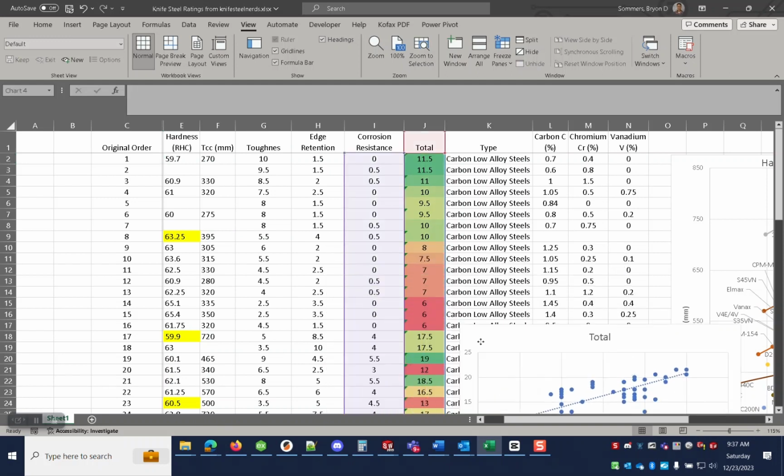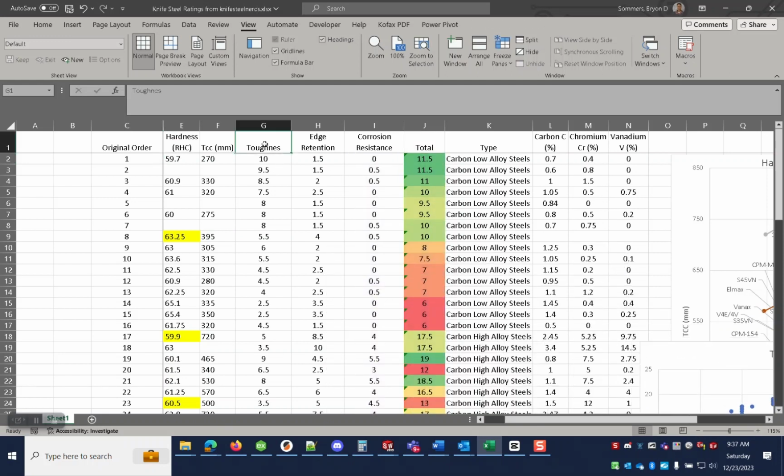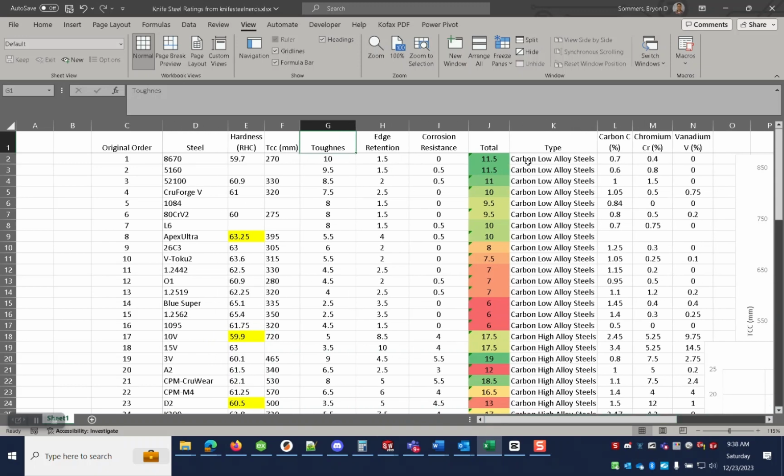So first off, I grouped all of the steels into three categories: low alloy, high alloy, and stainless, directly following that website's order, and the toughness, edge retention, and corrosion resistance ratings.